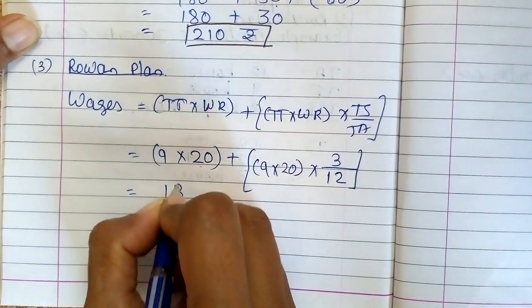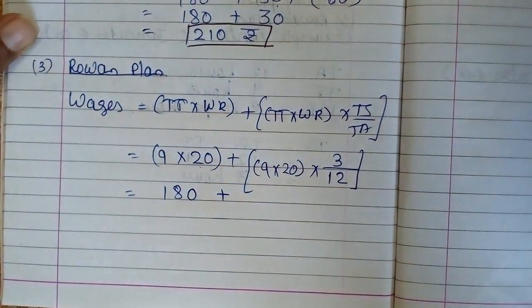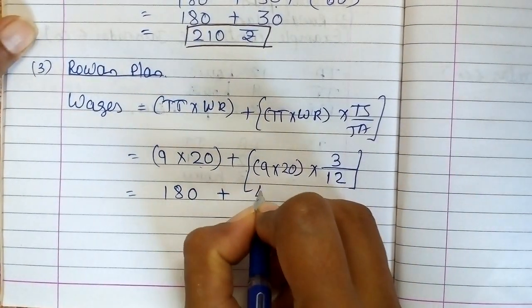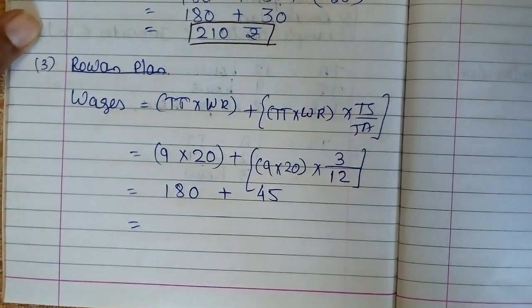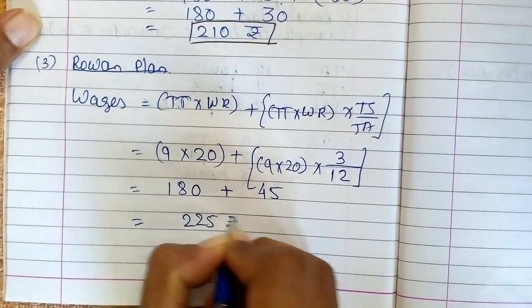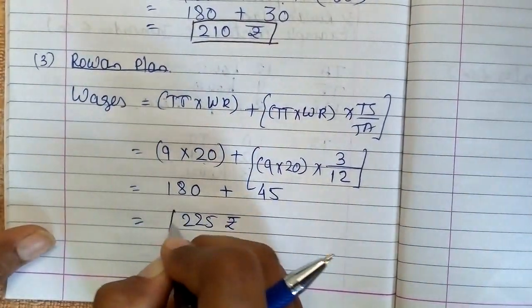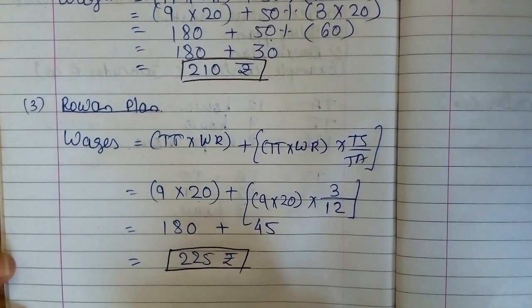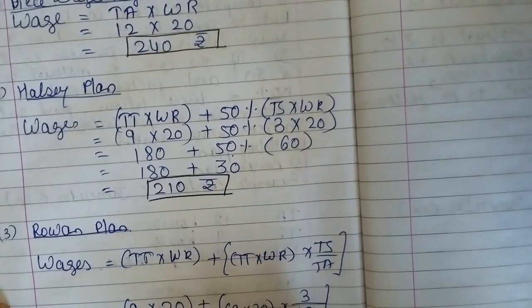So here 180, and 180 into 3 by 12, that would be 45. So 45 plus 180, that is 225 rupees. Right? So wages as per Rowan plan is 225, wages as per Halsey plan 210 and wages as per piece wages 240.